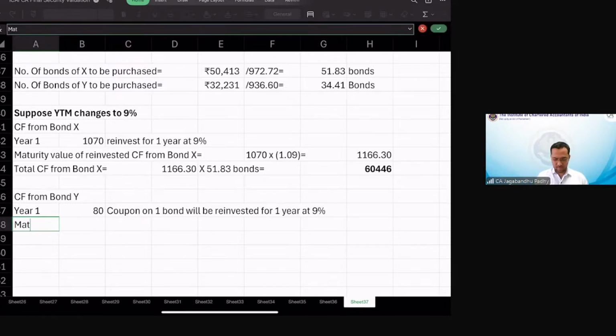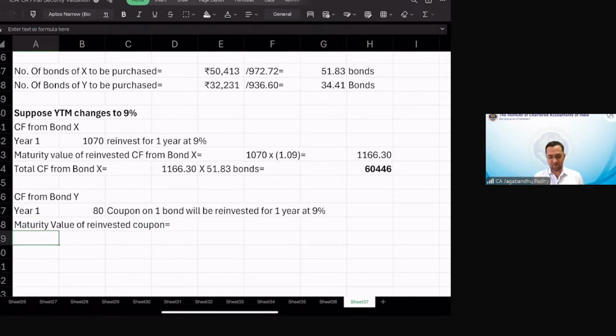So what will be the maturity value of the reinvested coupon? The coupon on one bond that we're receiving is 80.